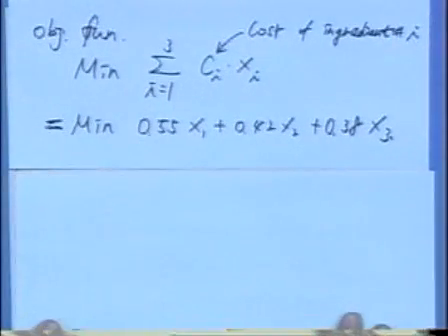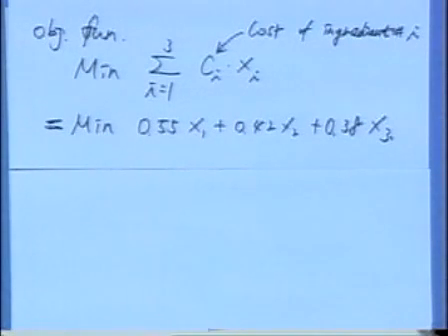What constraints do we need to consider? First of all, each kilogram of the feed must contain at least 35 grams of protein.